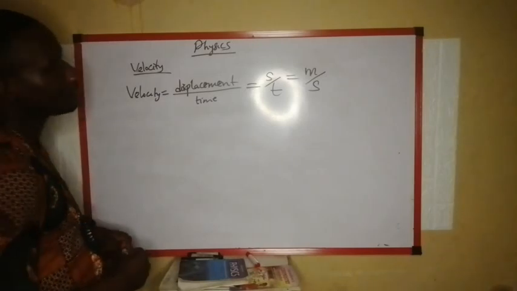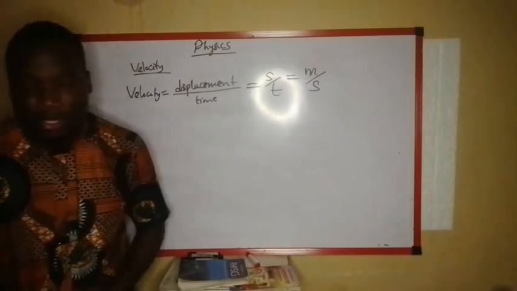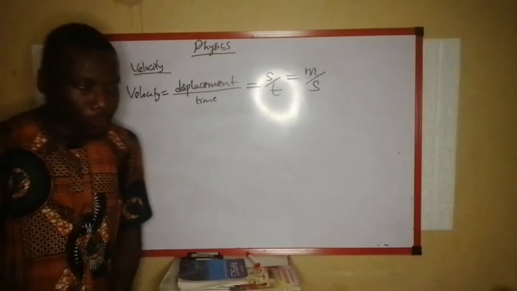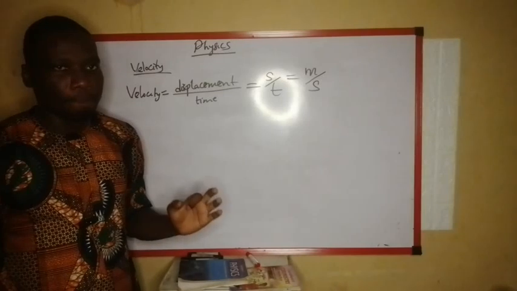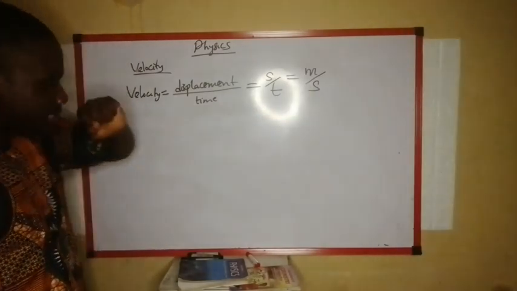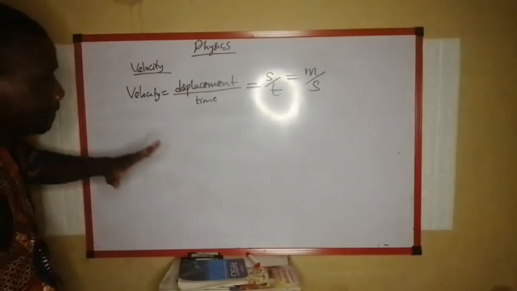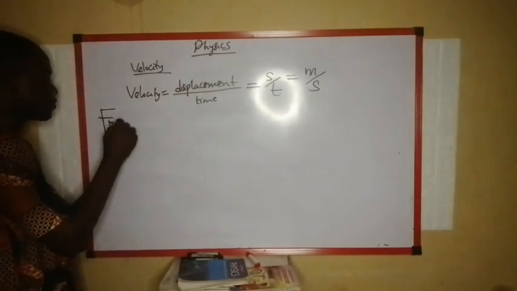So we've just been able to touch three things now. The first thing we said, velocity's unit is meters per second. The unit of distance is meters. The unit for time is seconds. We have another one, force.